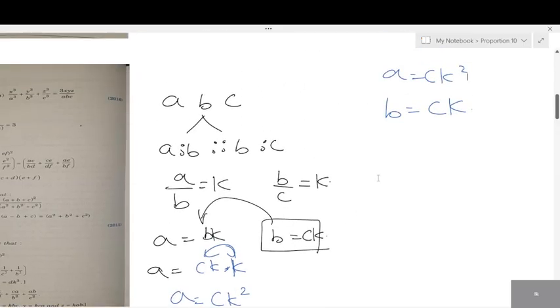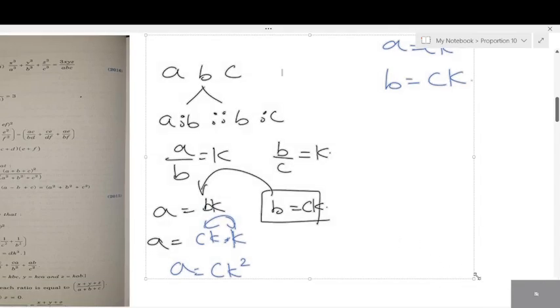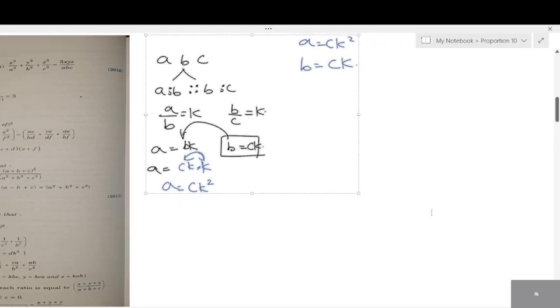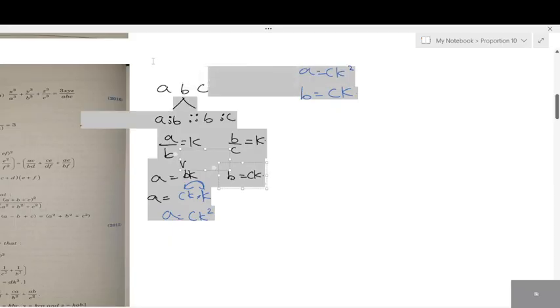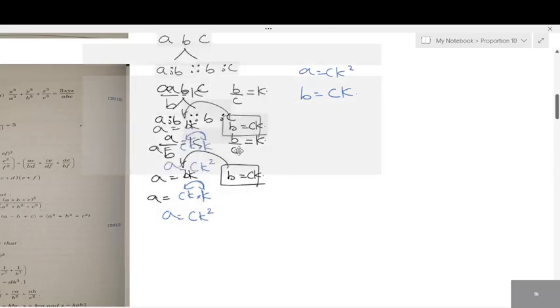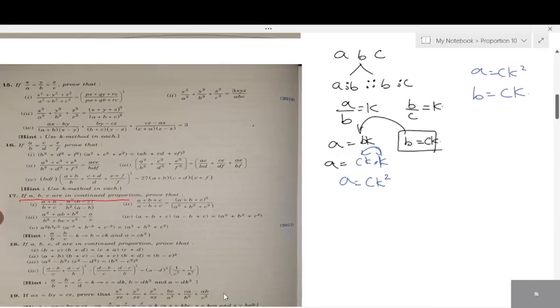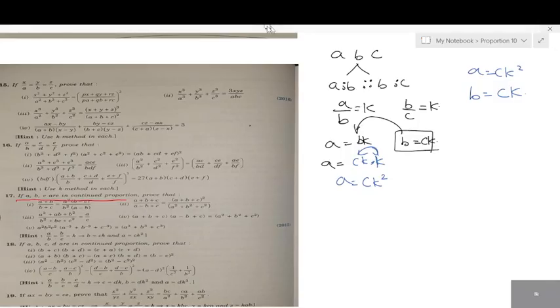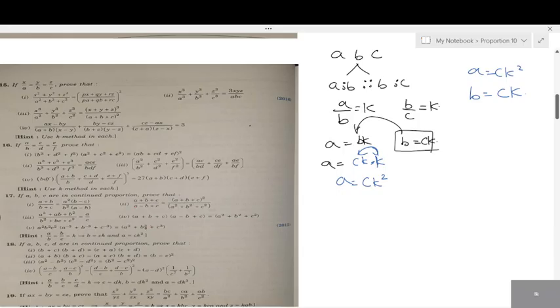Take down the value for A and C, A and B. So just substitute, take out the common values. That's it. 20, 13.